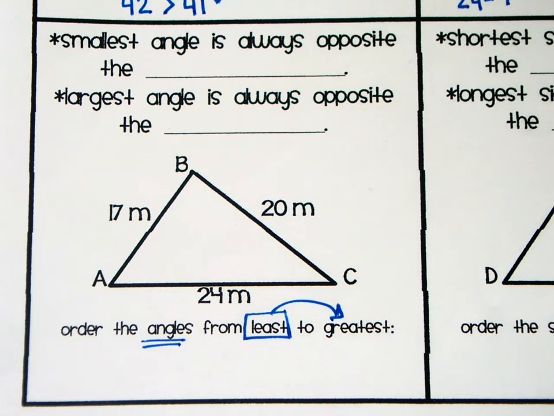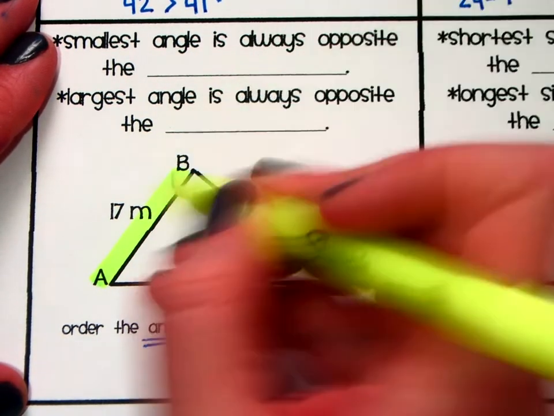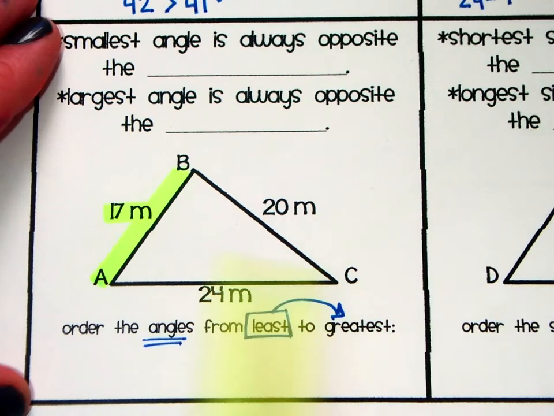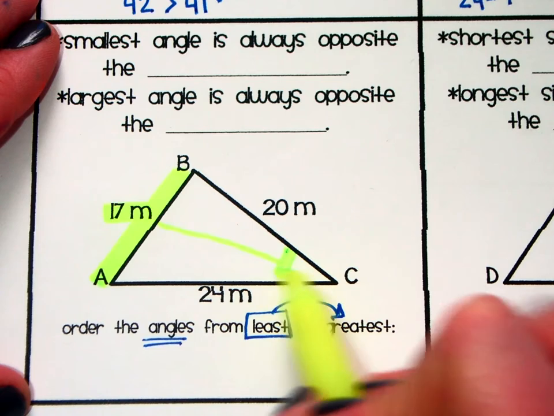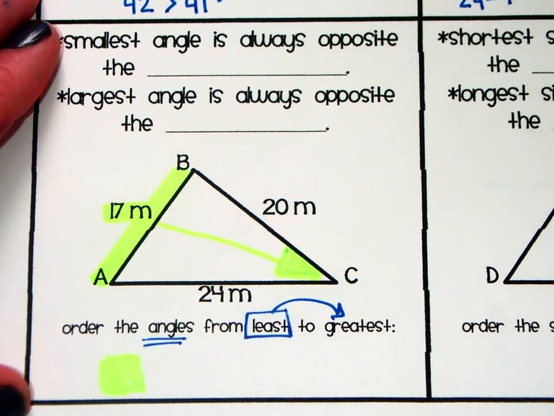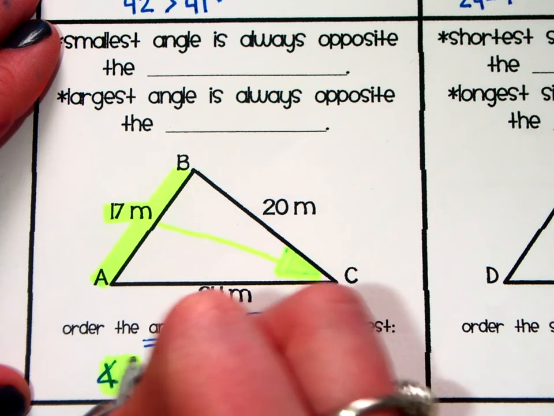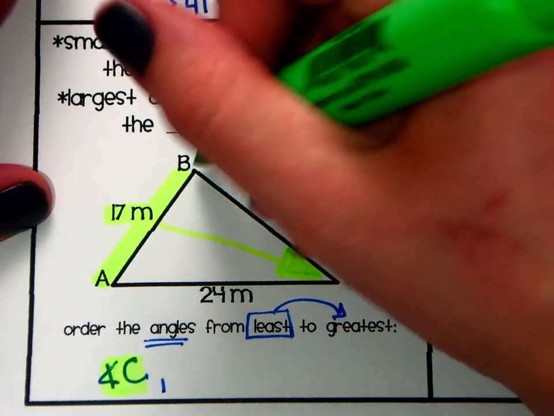I want angles. The first thing you're going to do is find the smallest side. The smallest side is 17, meaning the smallest angle is across from 17, which is angle C. To find the side that's in the middle, I'm going to find the middle measurement. Going up, I would come to 20.